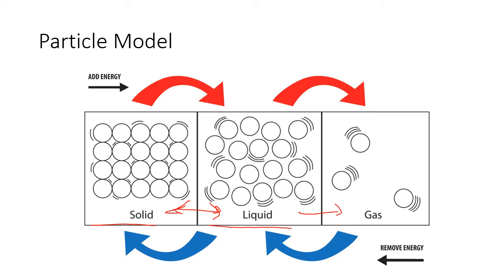And part of the huge amount of energy that we need to turn a liquid into a gas is that this huge volume of gas that's created has to push the air out of the way so that it can be created. It's got to create a space for itself to exist in. And it requires energy, and that's actually a big chunk of the energy necessary to convert a liquid into a gas.